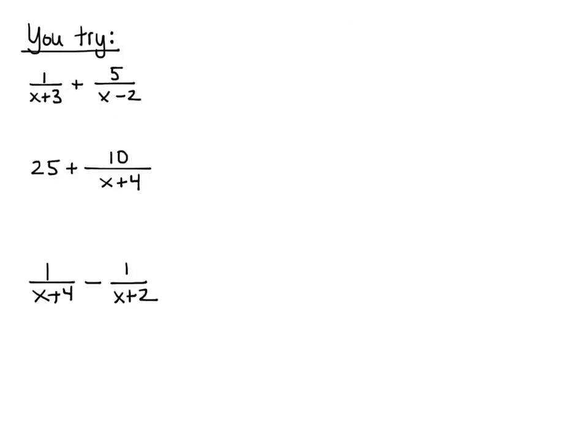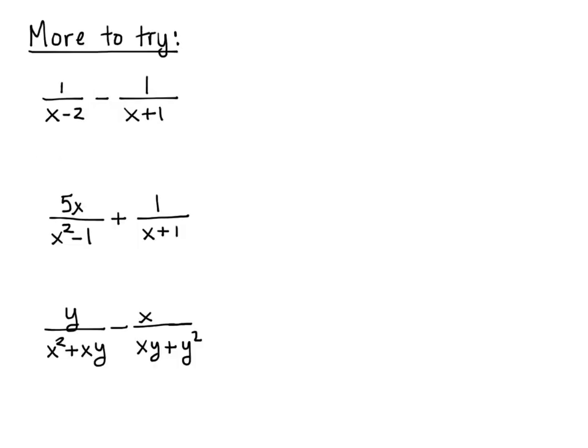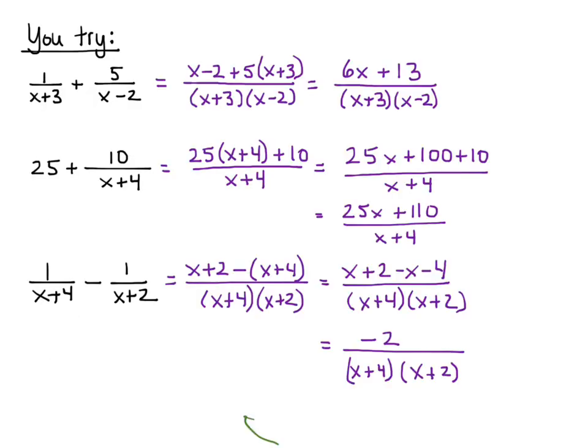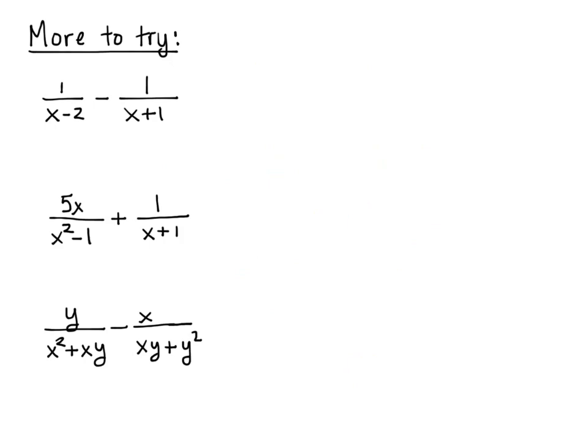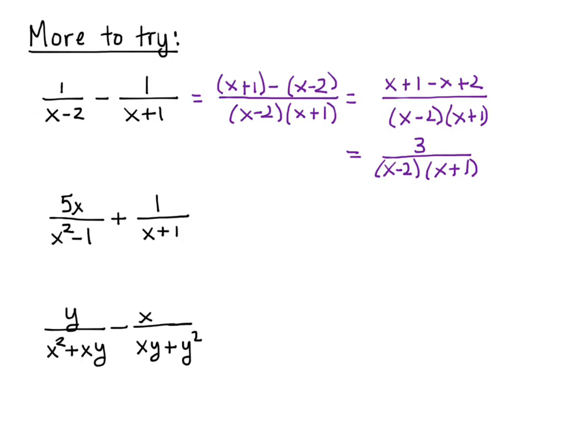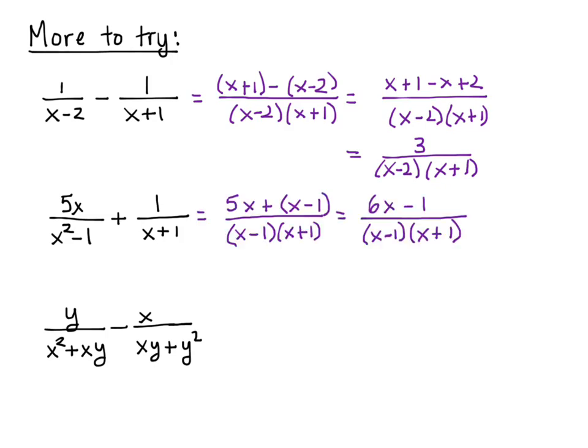Okay, so here's a few for you. Okay, so that first one turns out to be 3 over x minus 2 and x plus 1.